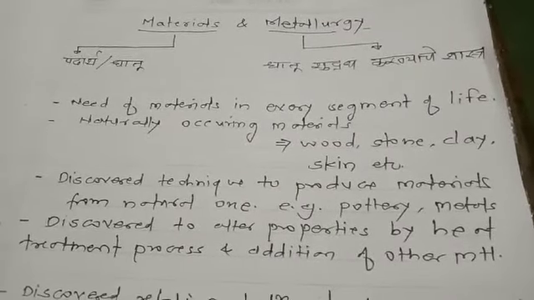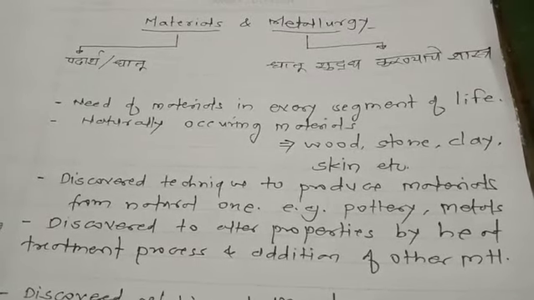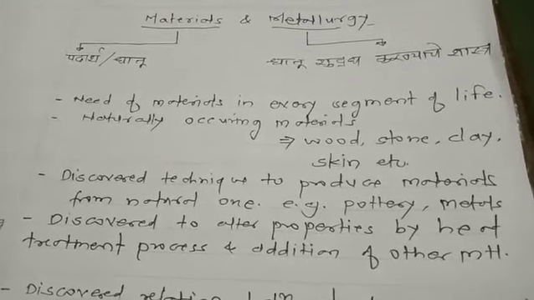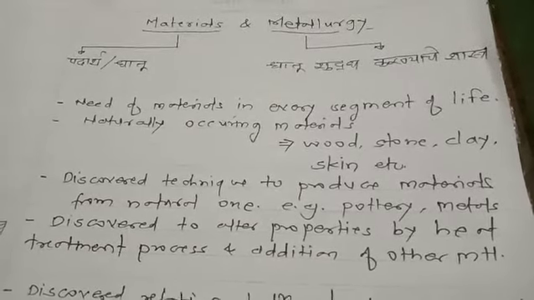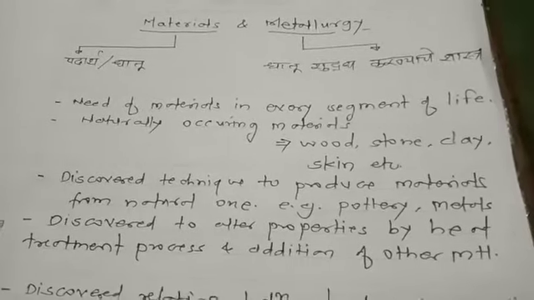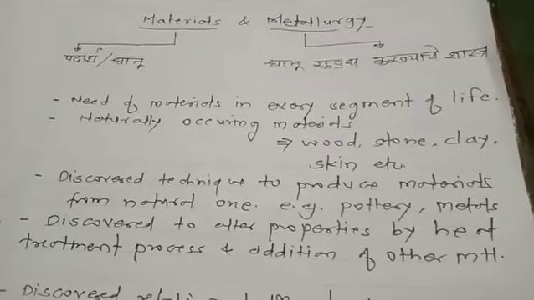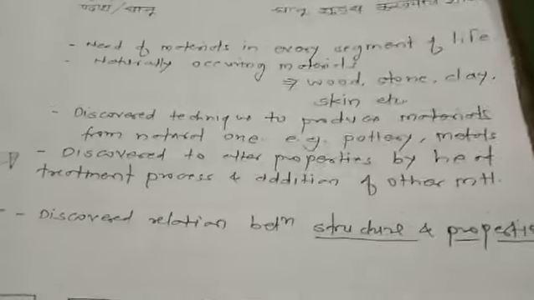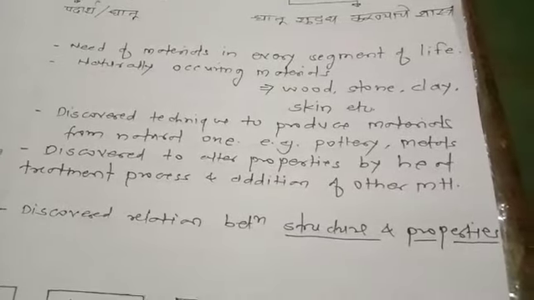If you have a common, normal material, the science or engineering will teach us how to improve the properties of the given material by different techniques. What are the techniques? We can add other materials, or we can go for the heat treatment process, right? Next, discover the relationship between structure and, very important, properties, right?